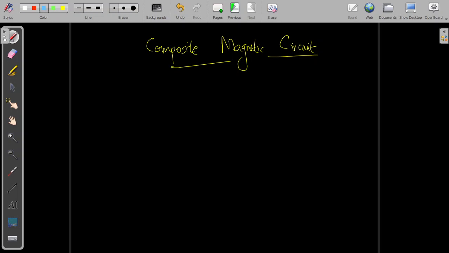Actually we discussed this composite magnetic circuit in the first class, but you didn't realize that it is a composite magnetic circuit. Simply you understood it as a magnetic circuit.